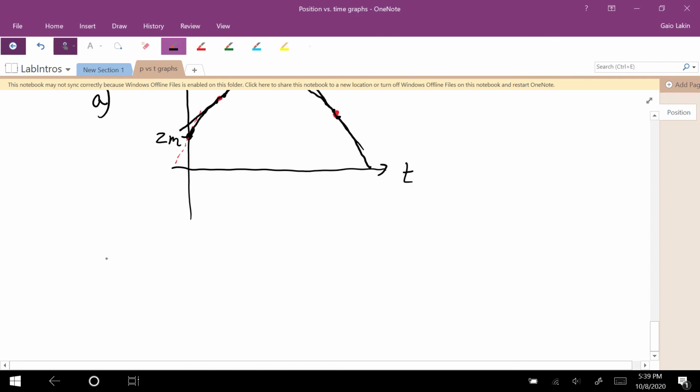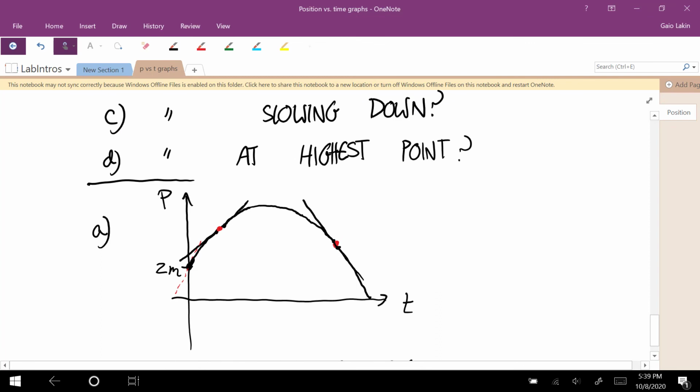How can we identify where it's speeding up? Well, the thing to remember about where the object is speeding up is velocity and acceleration have to have the same sign. So let's think about the signs of the velocity and acceleration at different points on this graph. Well, we already figured out that on the first half of this graph, up to this point here, every point has a positive velocity.